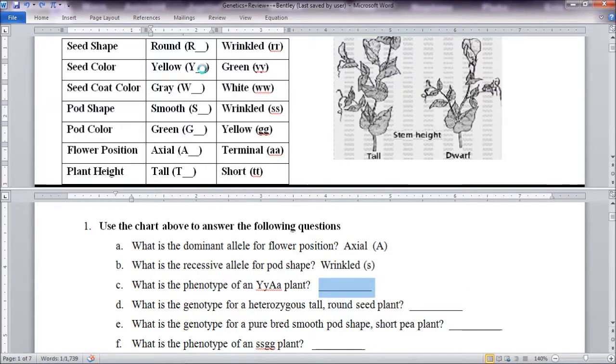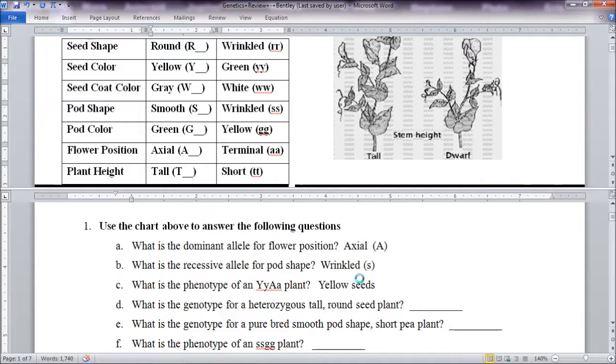But capital Y is dominant, so it wins. So that turns out that Y stands for a yellow seed color. And the capital A stands for placed on the side, which is known as axial.